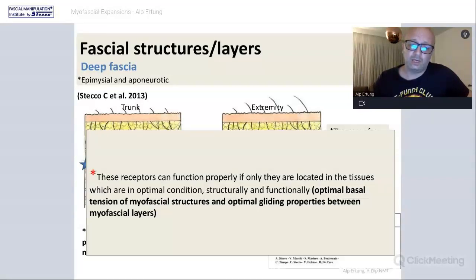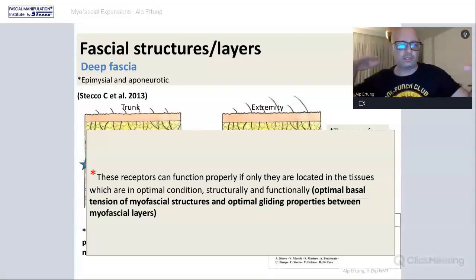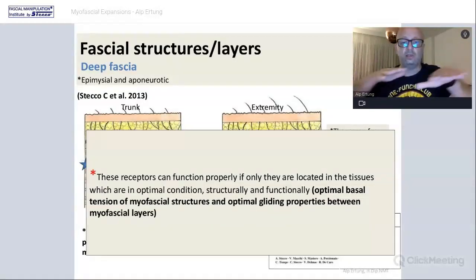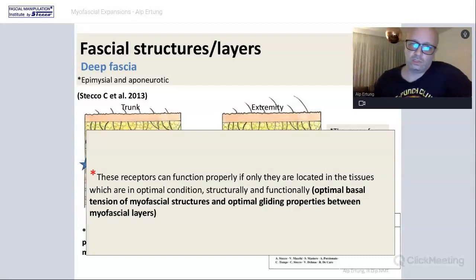But we need the connections between the structures, and also we need the right gliding ability so as not to affect these receptors in the wrong way. So this is also important to understand, the functional architecture.